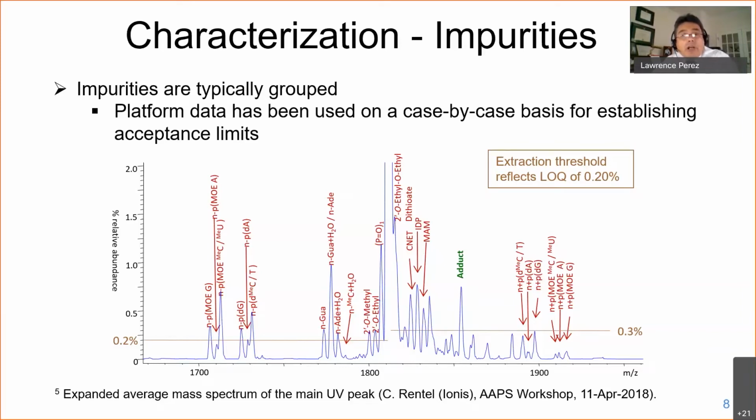All those are taken together to choose the appropriate acceptance limits for the impurity profile. But at least platform data is giving you an early start on where those ranges should be. And we look forward to having discussions with manufacturers on how to best use this platform data to get an early estimate on what the acceptance limits should be.